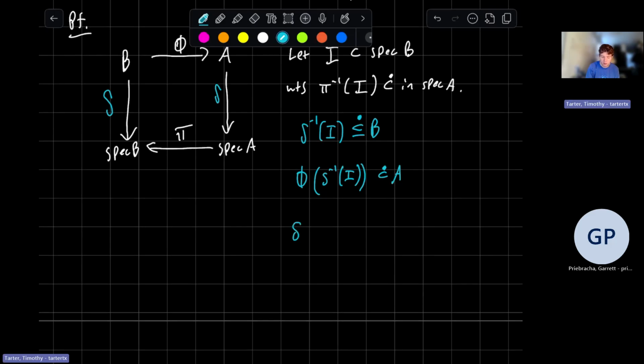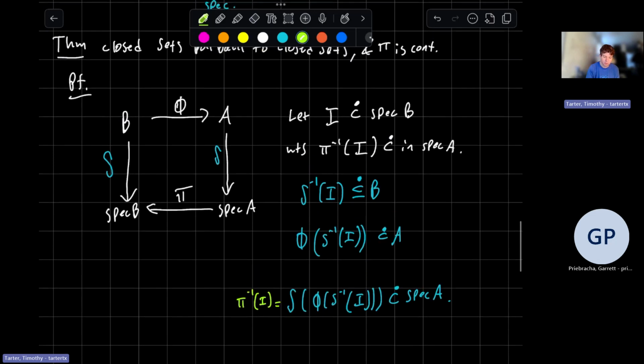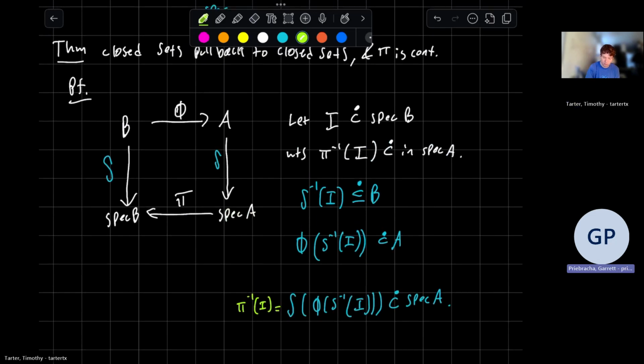But then S of phi of S inverse of I should be closed in Spec A. And this is exactly pi inverse of A. Does that make sense?